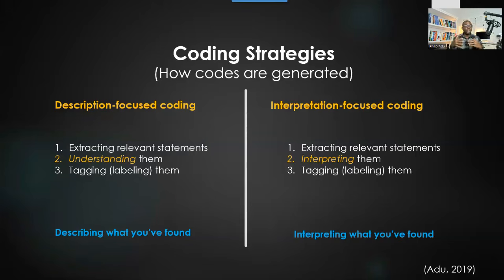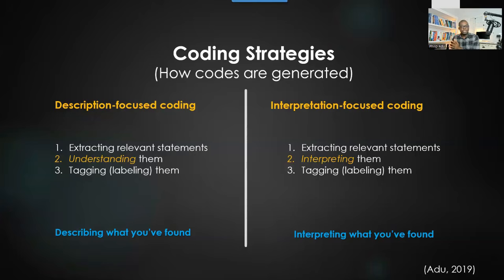When you are coding, you have to set them aside. We call it bracketing. Set them aside so that they will not have undue influence on what you are coding. Look at the issue with a fresh view. Let the data speak to you. What is the data telling me? That's the important thing about description-focused coding.